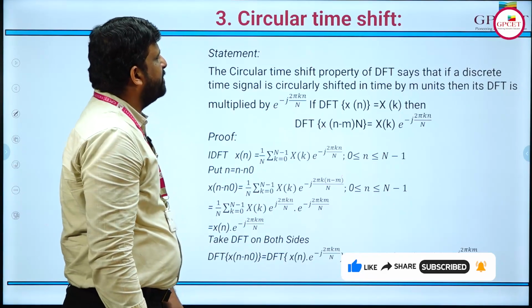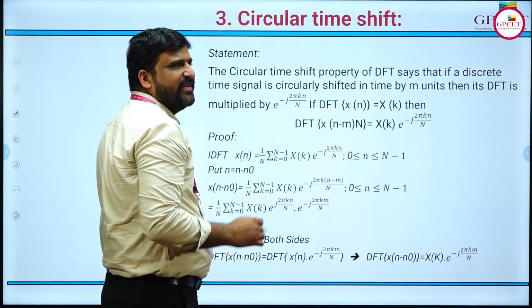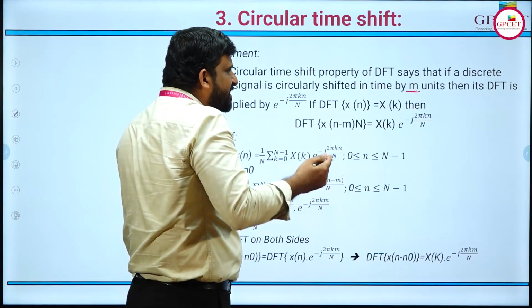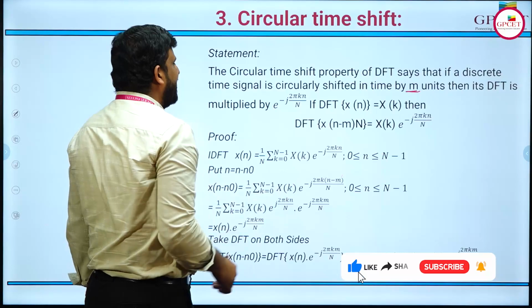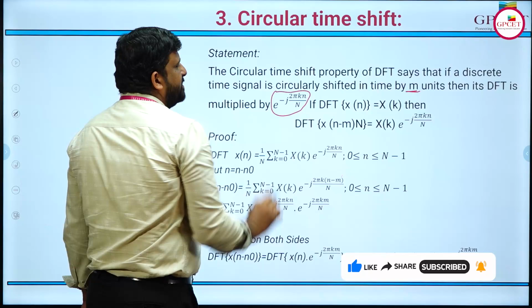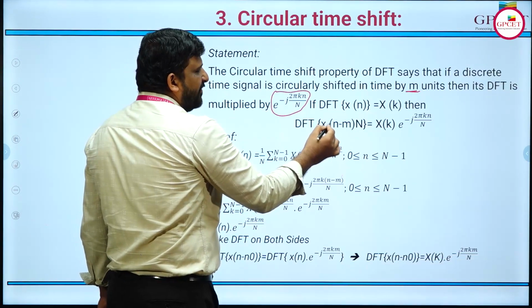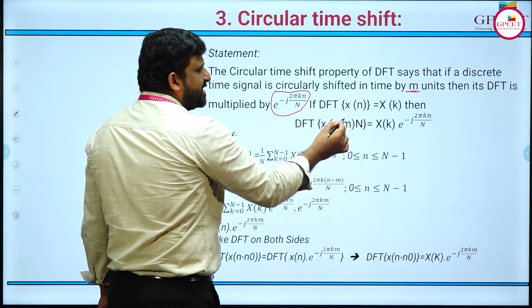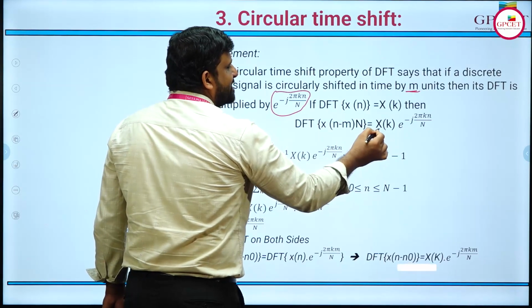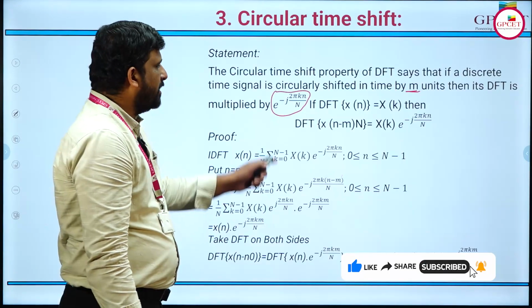The circular time shift property of DFT says that if a discrete time signal is circularly shifted in time by m units, keep it in mind, m units, then its DFT is multiplied by e to the power of minus j 2 pi k m by capital N. That means DFT of x of n minus m, shifted circularly by m units, should produce X of k multiplied by e power minus j 2 pi k m by capital N.